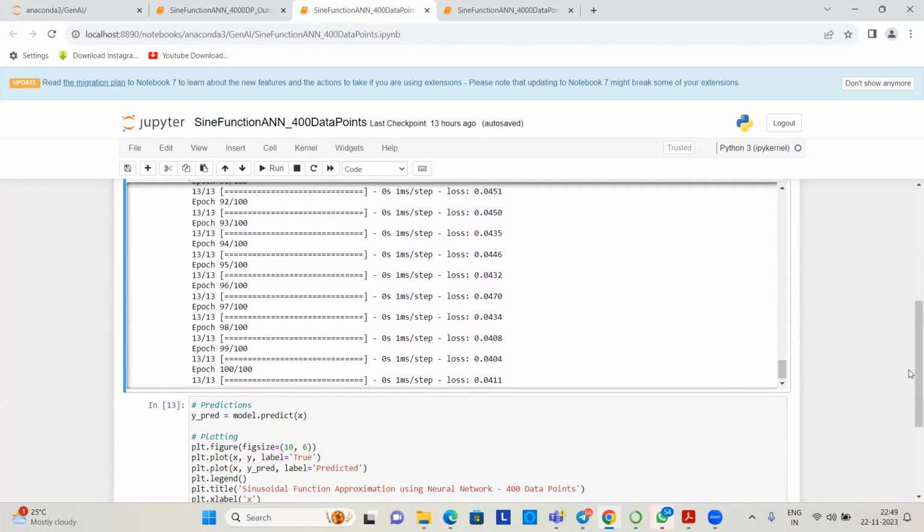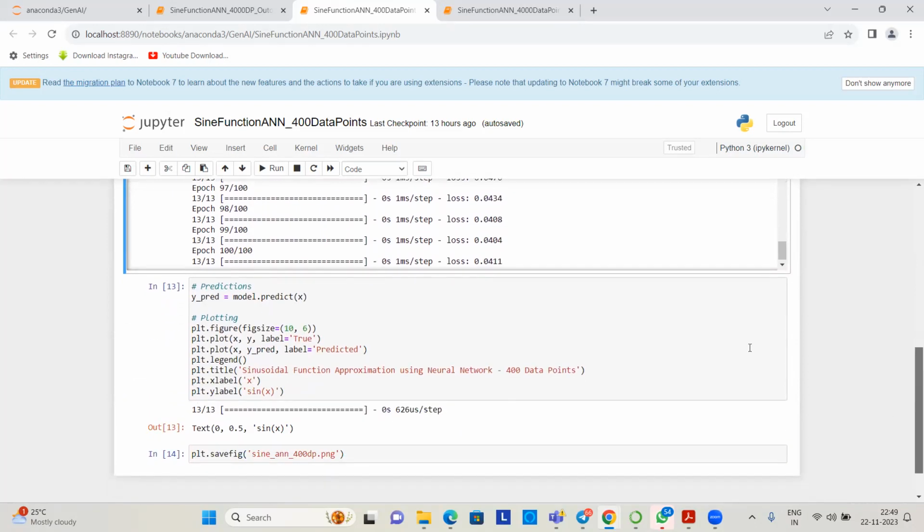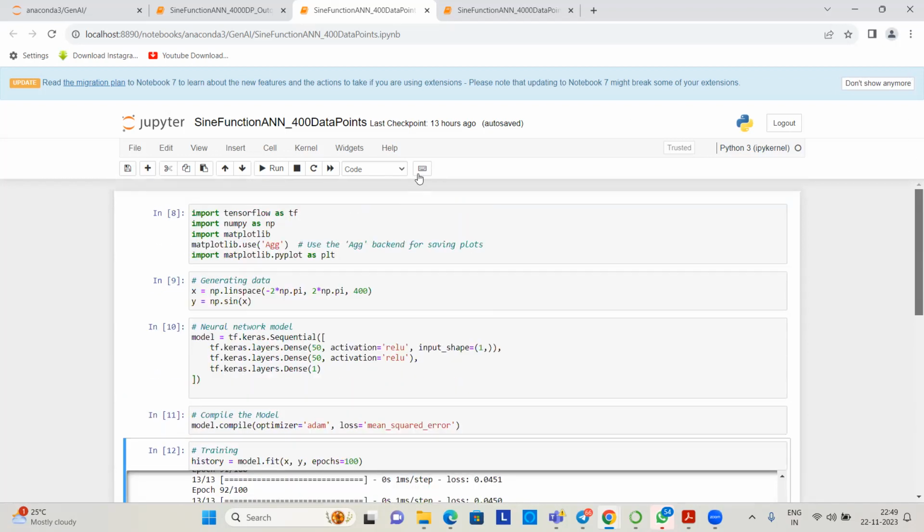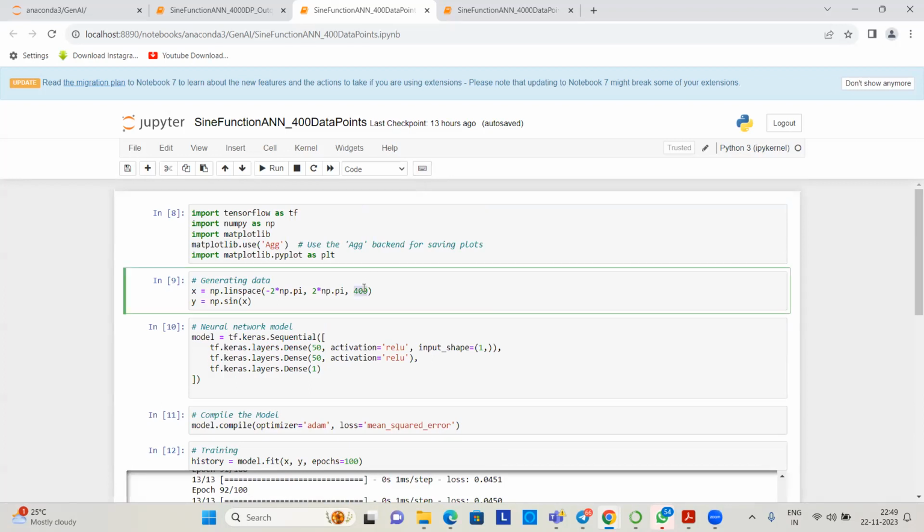Then, of course, the next part is prediction, where I fed the x values into a function, predicted the y using the trained model, and then I plotted it. Briefly, this was initially done for 400 data points between minus 2 pi to 2 pi. Then I tried 4,000 data points.